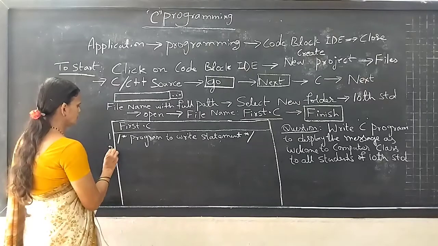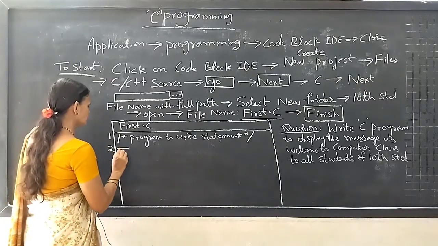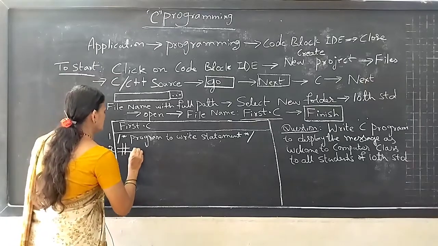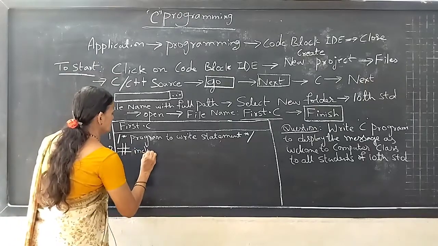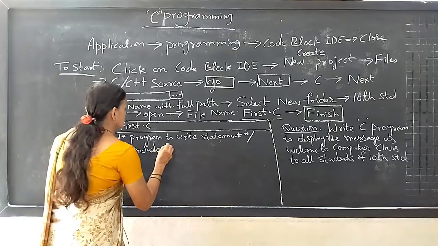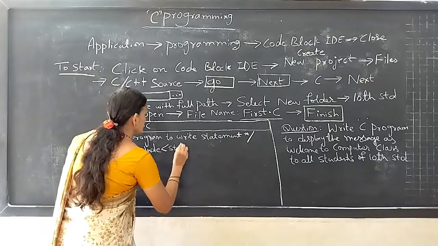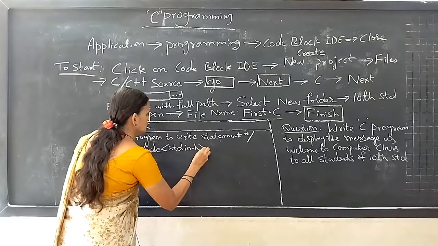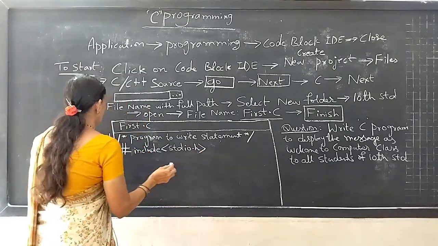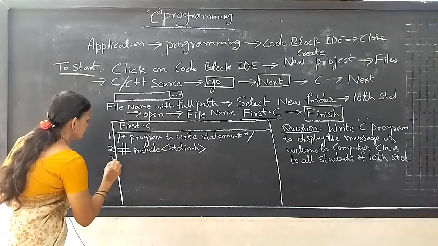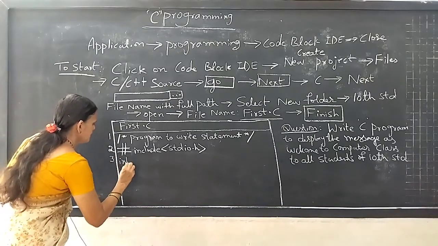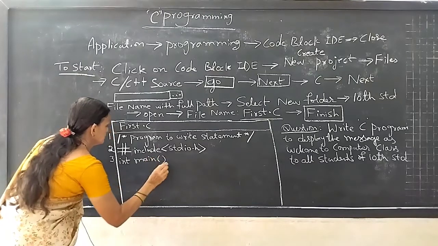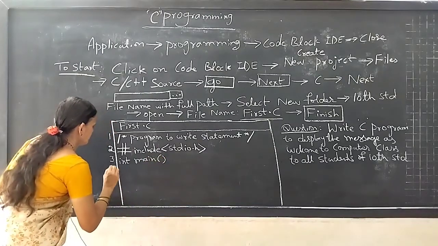See, every C program should start with the hash symbol, hash include stdio.h, close that with the greater than symbol. Then third step is int main, open bracket close bracket.